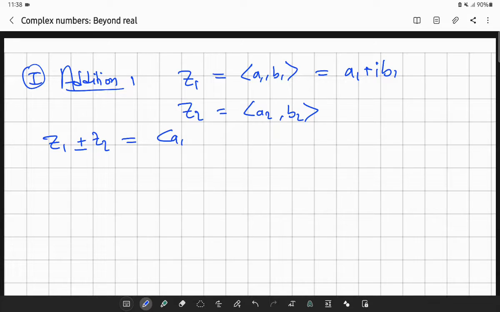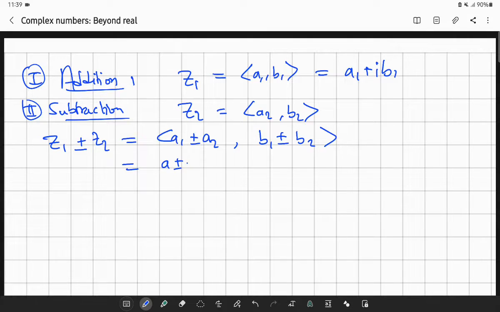And if I want to subtract them as well, so I'm doing 2 in 1 now, it's (a1 plus or minus a2, b1 plus or minus b2). This is quite ordinary. You'd expect this. So if you want to write this out explicitly, I'll have the real part and the imaginary part, like this. This is z1 plus or minus z2.